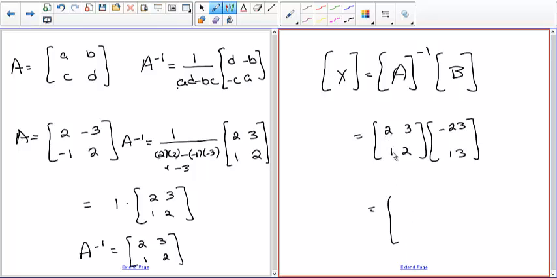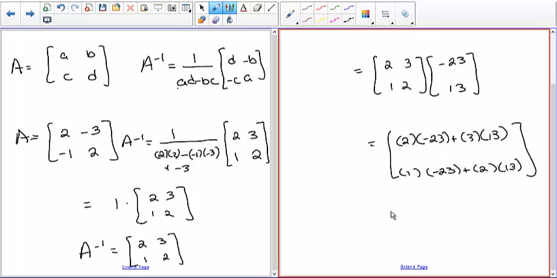So you're going to have 2 times negative 23 plus 3 times 13, and second row, first column, you'll have 1 times negative 23 plus 2 times 13, and then you just do the math.